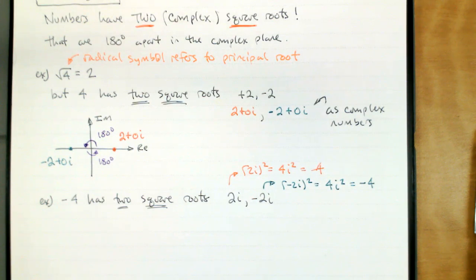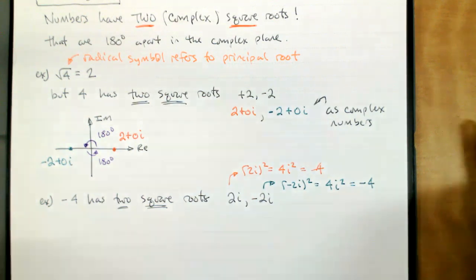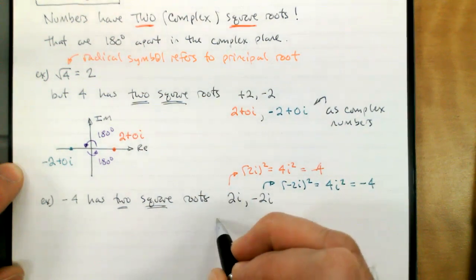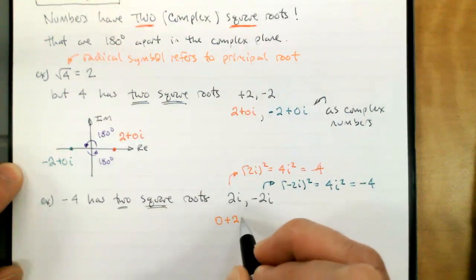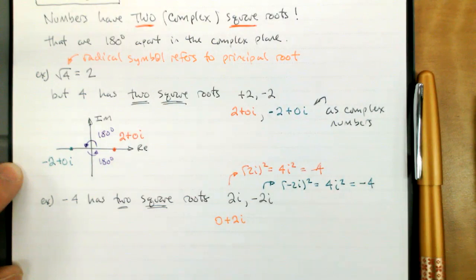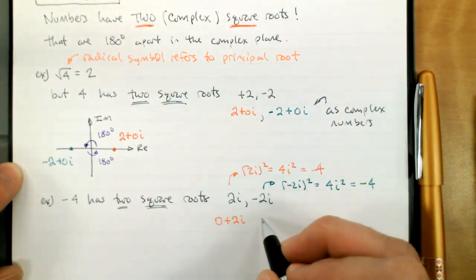When we write these as complex numbers, there's zero real part. So this 2i is 0 plus 2i, and the minus 2i is 0 minus 2i.